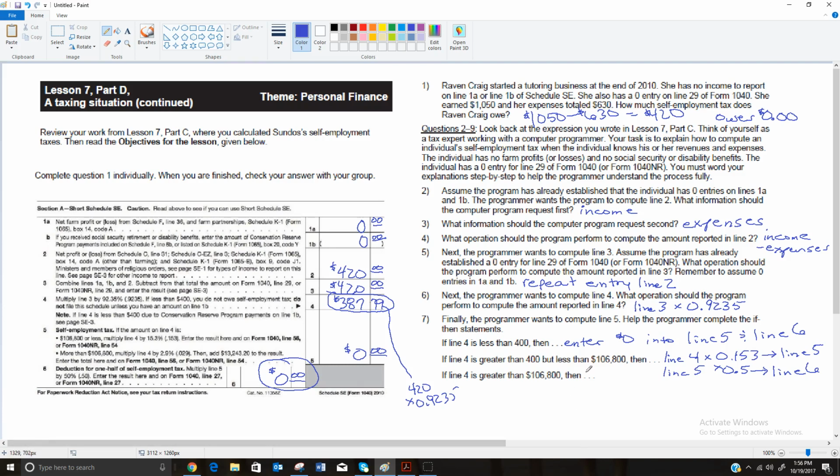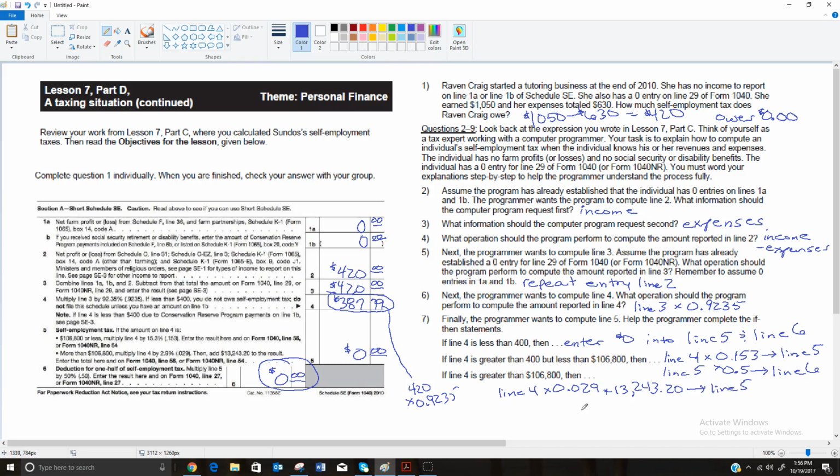If line 4 is greater than $106,800, then we're going to take line 4 and we're going to multiply it by this other amount, this 2.9%, so 0.029, and we're going to then add 13,243 and 20 cents, and we're going to put that in line 5.